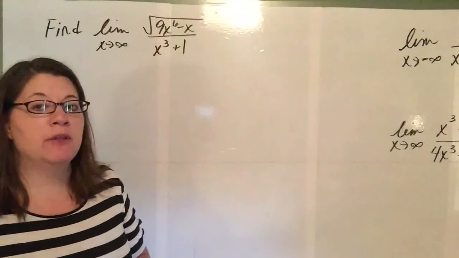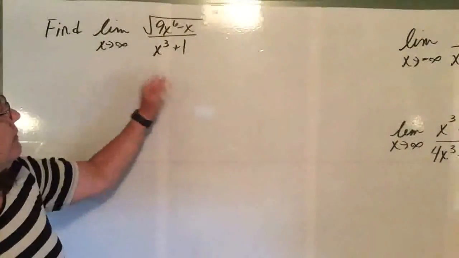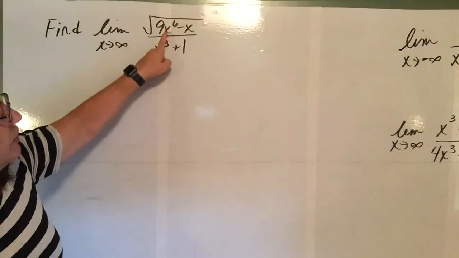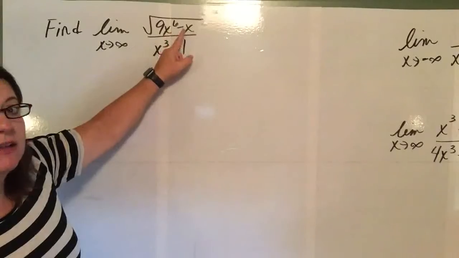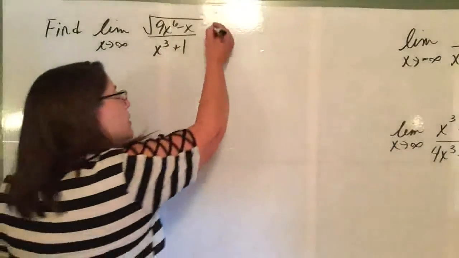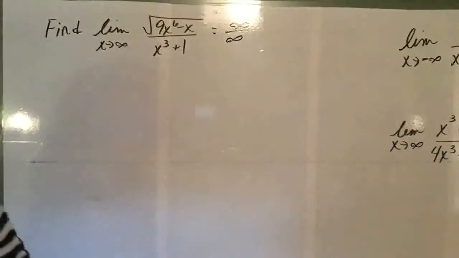If you do, then you're going to have to do a little bit more work to find the answer. So if I do this one, if I plug infinity in, infinity to the 6th would be infinity, times 9 still infinity, minus infinity is still infinity, over infinity. So we end up with the indeterminate form infinity over infinity for this one here.